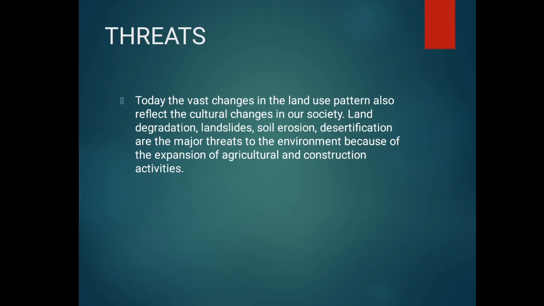Landslides: the movement of earth, soil or sand from a slope. Soil erosion: the top layer of the soil is eroded or washed away. Desertification: a place changes into a desert. So these are the main threats or problems we are facing because of the expansion of agricultural and constructional activities.